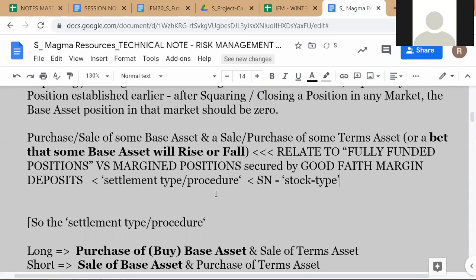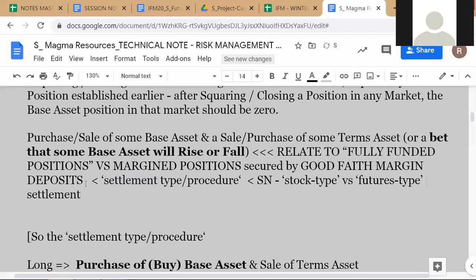stock type, because most stocks all over the world are traded on a fully funded position basis. So Sheldon Natenberg talks about stock type versus futures type, if you read that options book properly, which I would recommend if you want to get a good grip on options trading: stock type purchase versus futures type settlement is the terminology that Sheldon Natenberg uses.